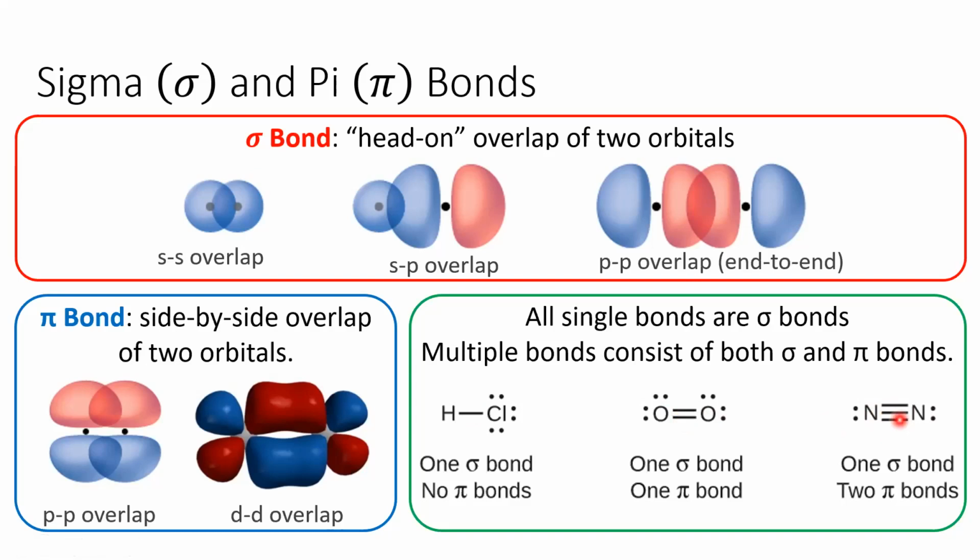The triple bond contains one sigma bond and two pi bonds. So every bond, single, double, or triple, has a sigma bond in it. A double bond has a pi bond, and a triple bond has two pi bonds in it.